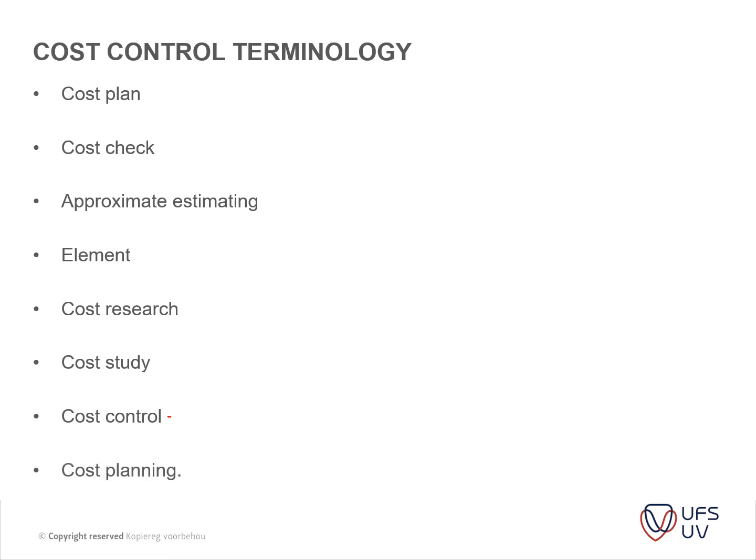And then cost planning, this is often interpreted as controlling the cost of a project within a predetermined sum during the design stage, and normally envisages the preparation of a cost plan and carrying out the cost checks. So cost planning is what we've been looking at the whole time, but you can't do any control without proper planning. So the old saying of failing to plan is planning to fail applies to this.